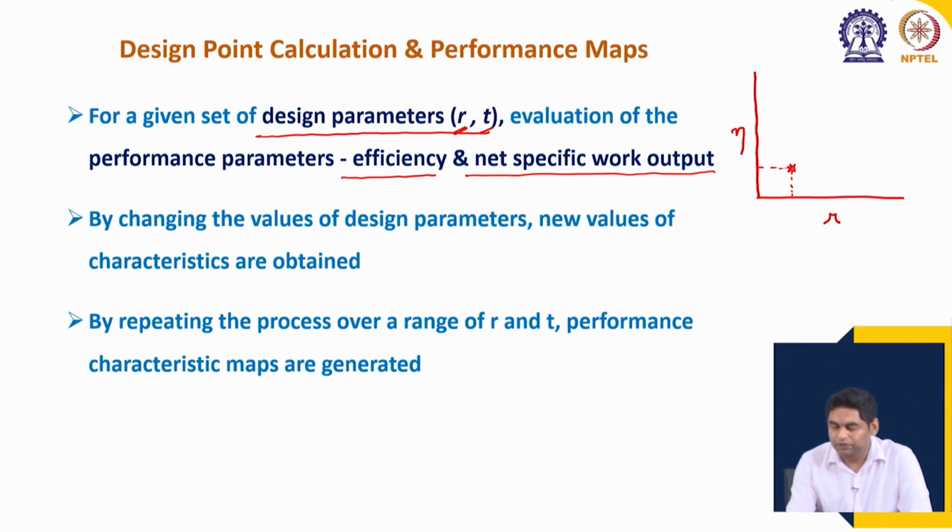We plot this point and then redo the calculation by taking a slightly different value of R. Each of these calculations is done for a fixed design parameter value or fixed design point, and thus is called a design point calculation. So, one calculation like this is a design point calculation.